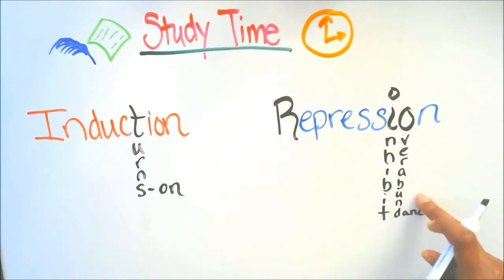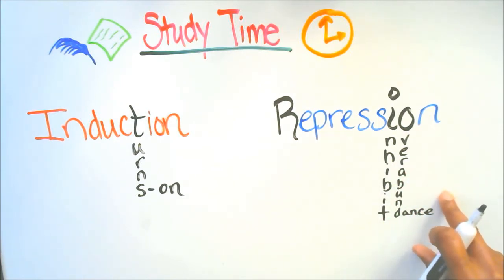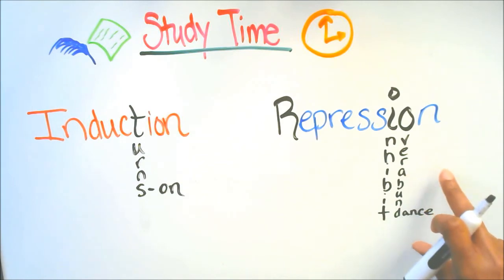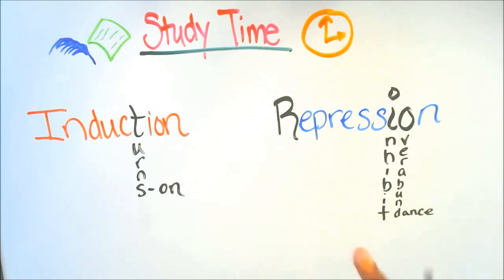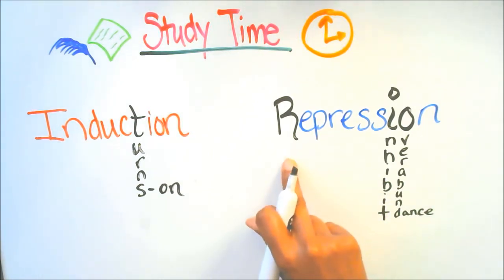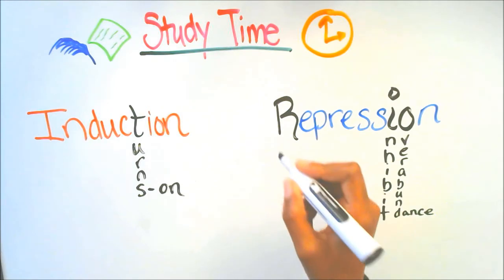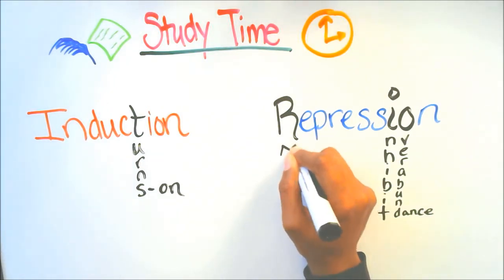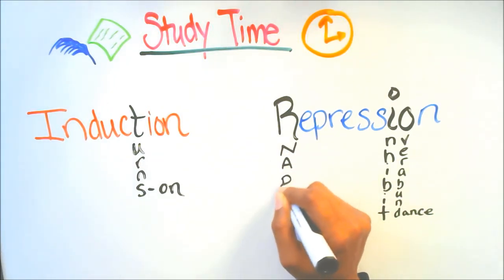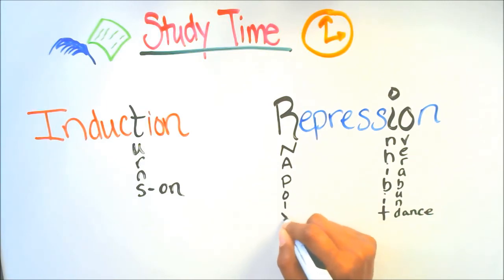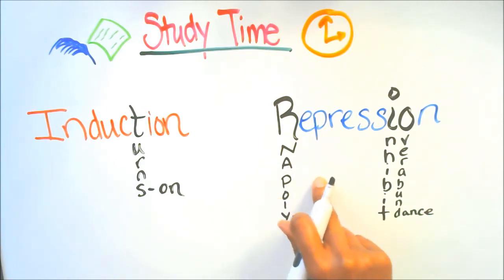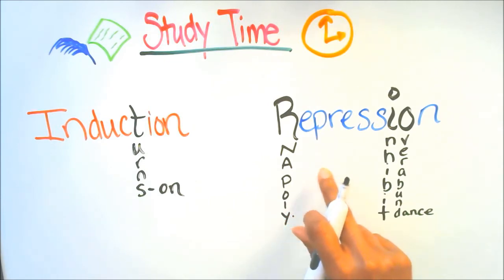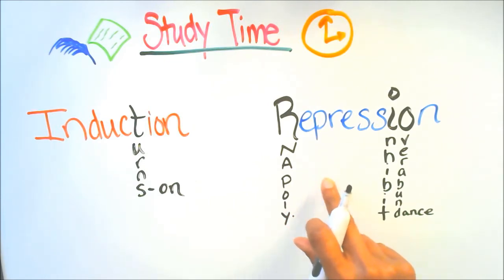O for overabundance. So it responds to the overabundance of the end product of a metabolic pathway. So the next and the last one is R, and that is RNA polymerase. So here, the repressor blocks the ability for the RNA polymerase to start transcription.